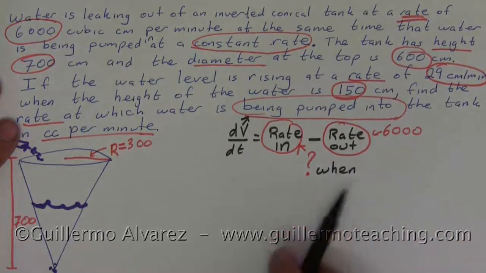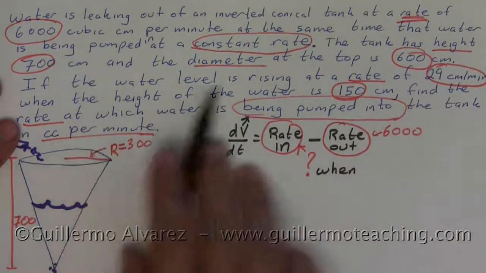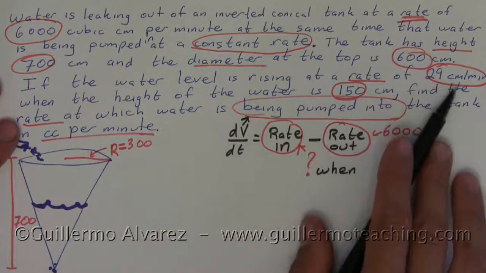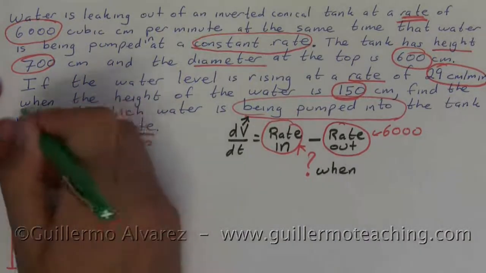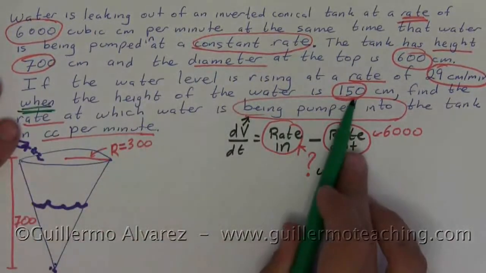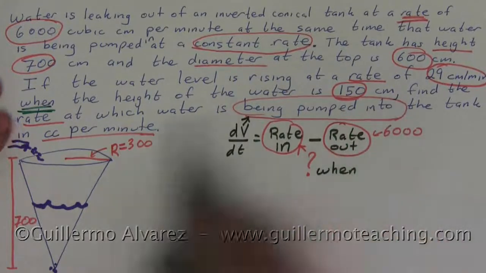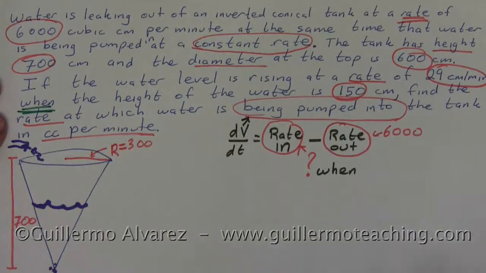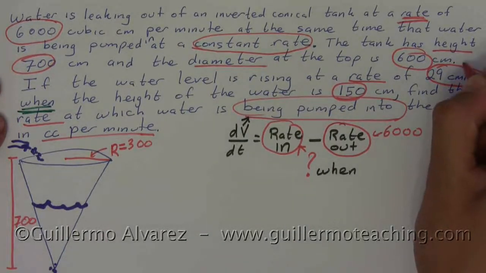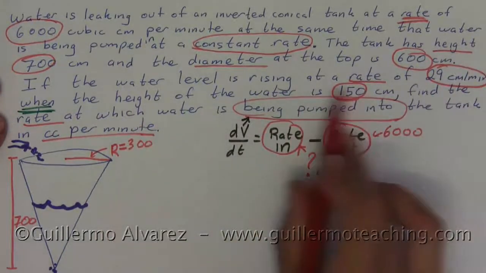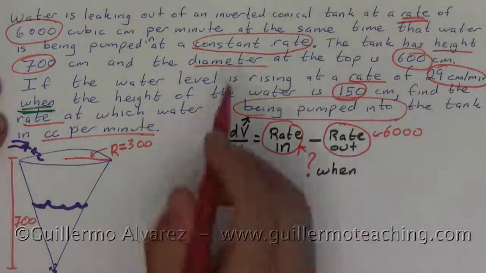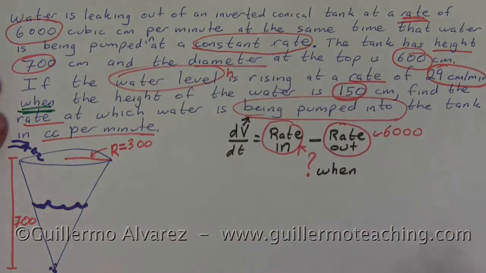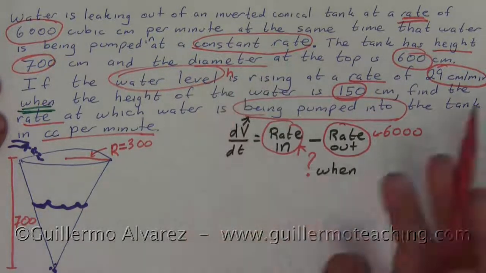And that particular point in time is given right here. It's saying that the water level is rising at a rate of 29 centimeters per minute, key word here, when the height of the water is 150 centimeters. So let's call the water level H, because that's the height of the water.